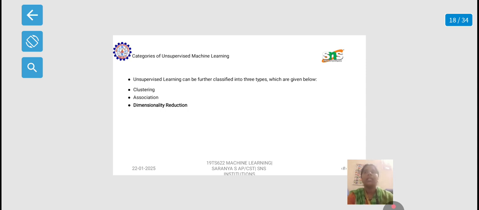Then, types of unsupervised learning. Unsupervised learning is classified into three categories. The first one is clustering, the second one is association, and the final one is dimensionality reduction.